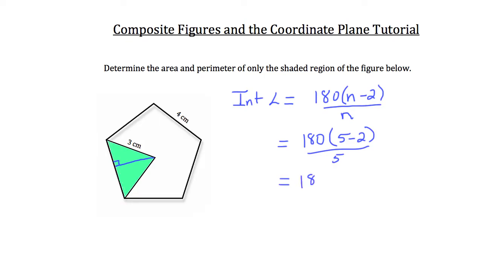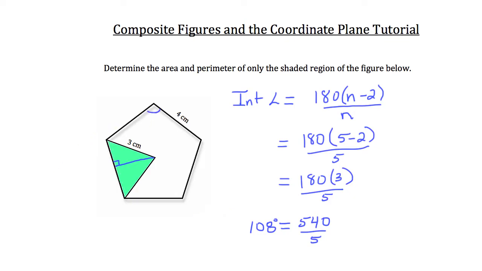So we have 180 times 3 over 5. So 180 times 3 is 540, over 5 is equal to 108. So each of the interior angles has a measure of 108 degrees.